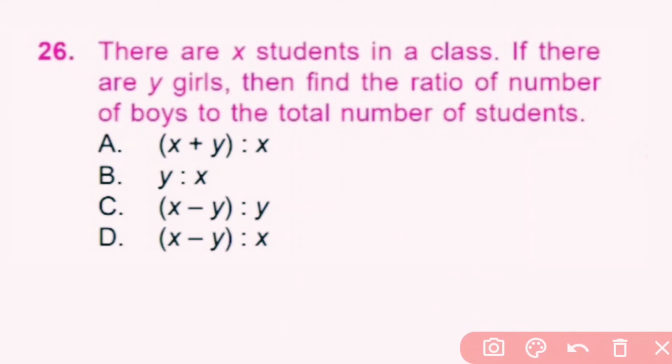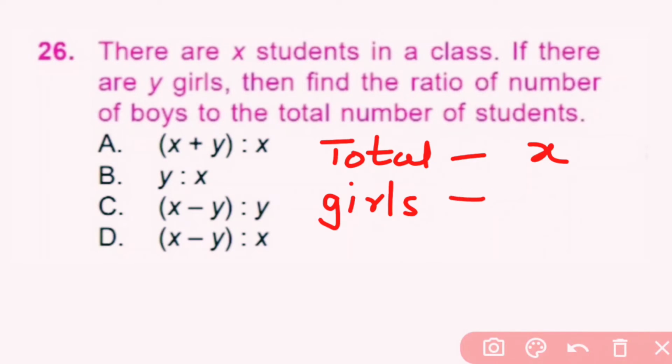Question number 26. There are X students in a class. If there are Y girls, then find the ratio of the number of boys to the total number of students. So there are a total of X students, and out of X students there are Y girls.